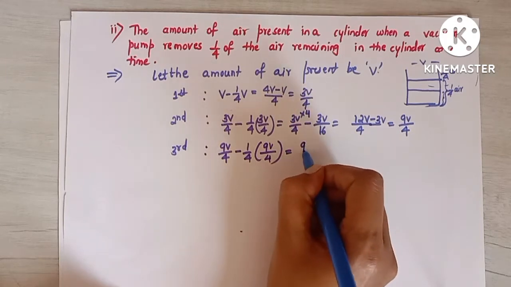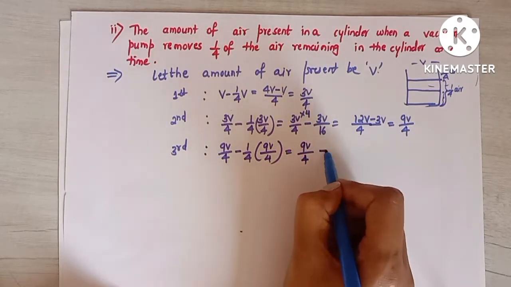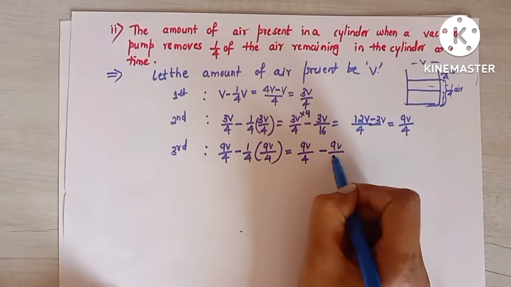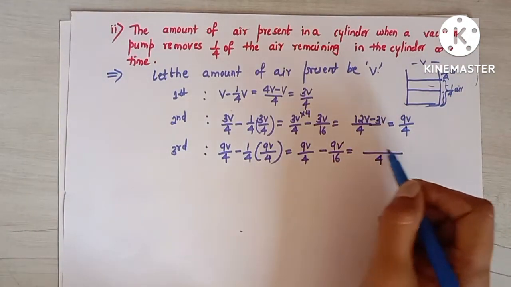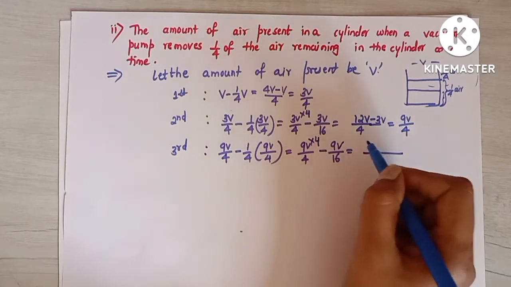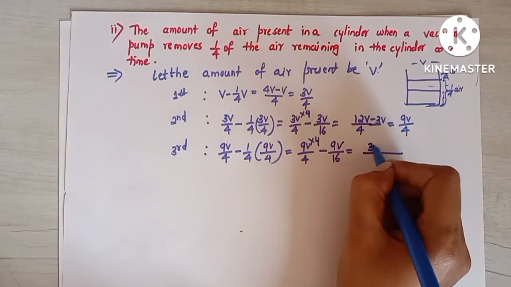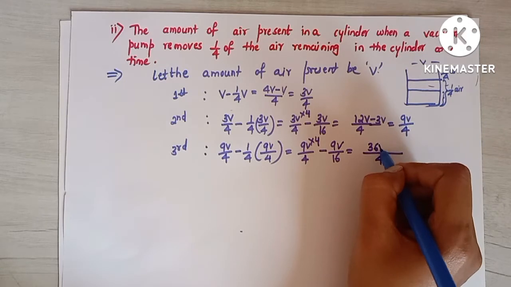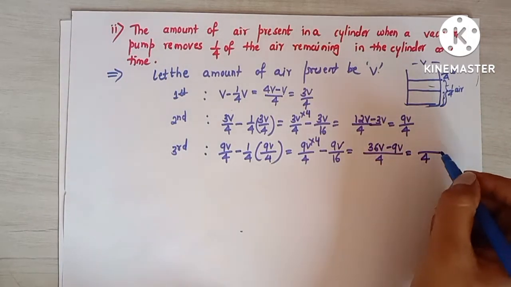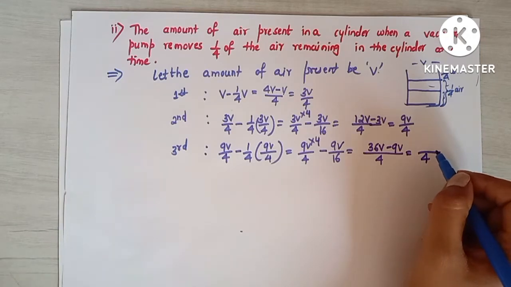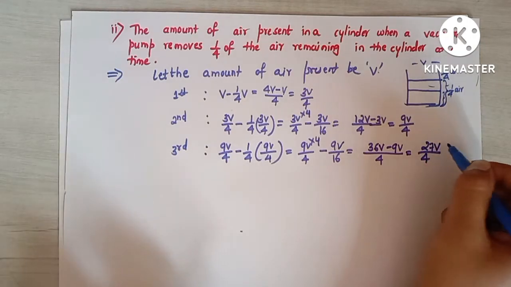So this will be 9V divided by 4 minus 9V divided by 16. So the LCM is 16, so this will be 36V minus 9V. So the answer is 27V.